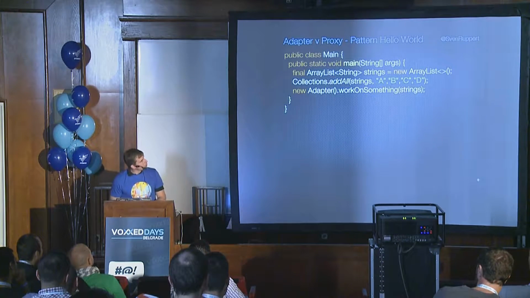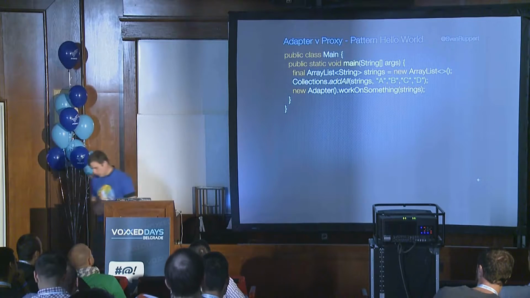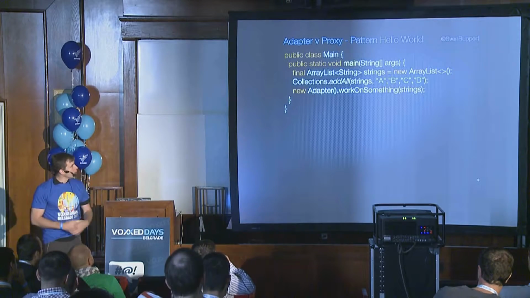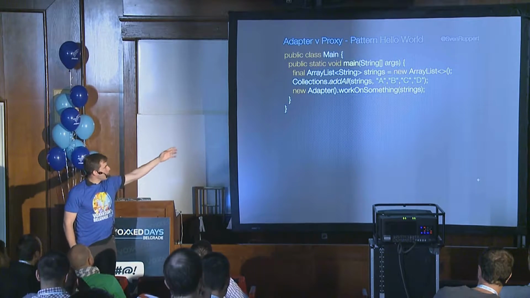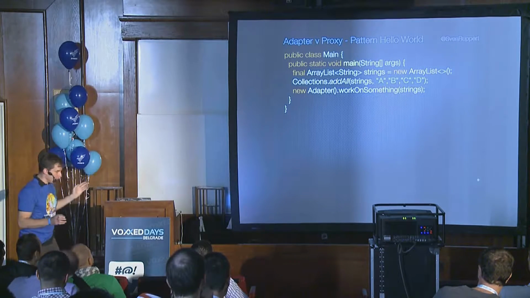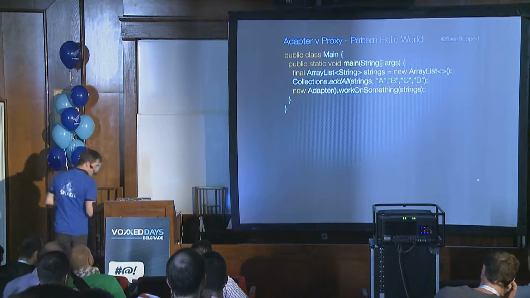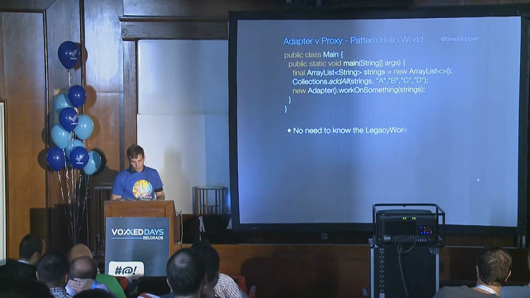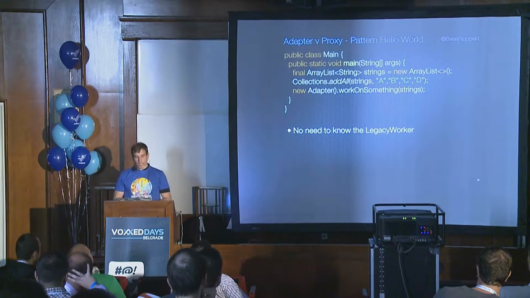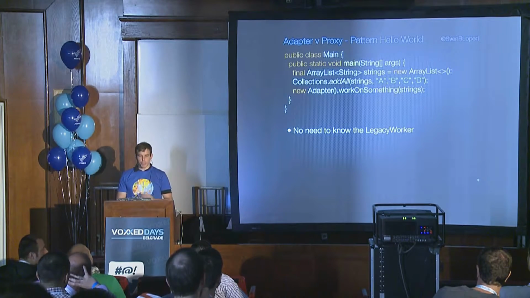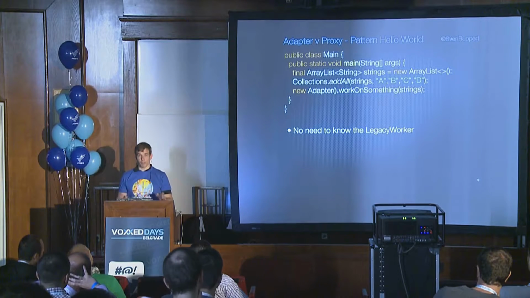Well, if you're using an adapter and a proxy, you will see in the same way, you will create an instance and then only use it. So the same thing we want to have with proxies. If you're using an adapter, you don't need to know the legacy worker. It's hidden from you, and this is one of the reasons you use it.